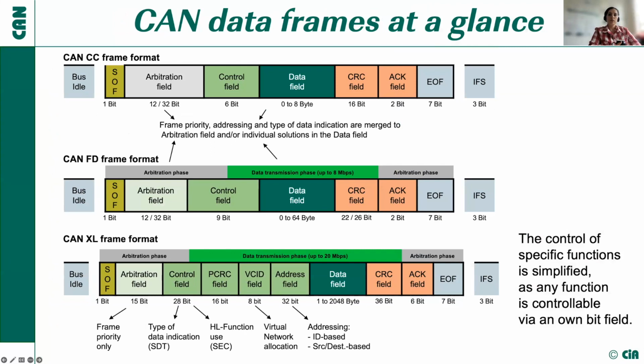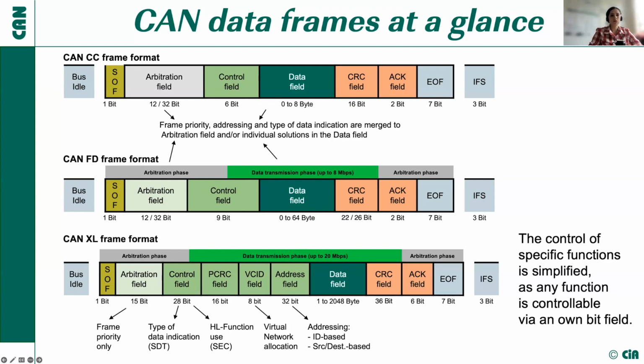To have a direct overview, we see on this slide that there are three CAN frame formats. The principle of the CAN data frames has not changed so much, as you can see here. These three different generations have almost the same fields. What has mostly changed is that in the arbitration field we have frame priority only.